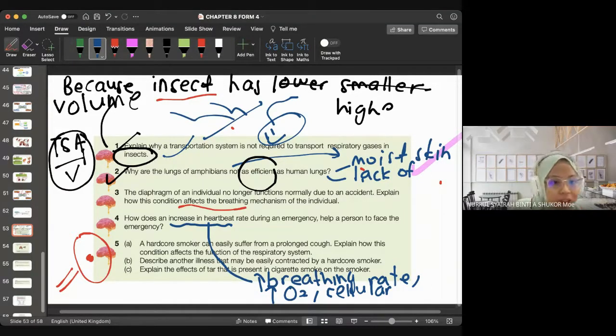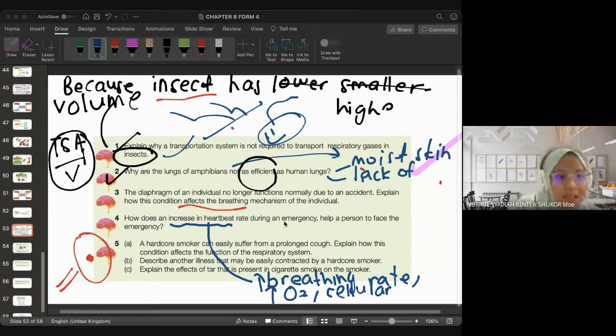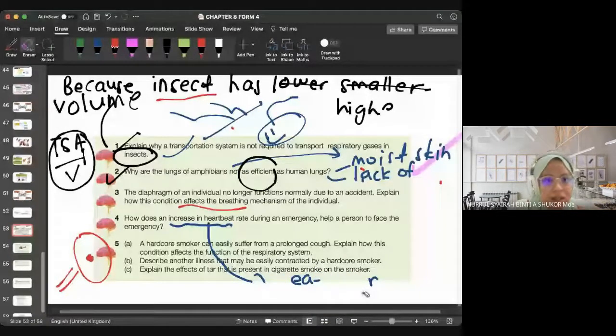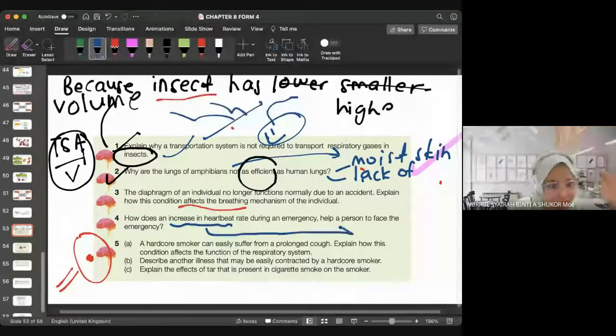Betul. Alright, it's very bijak. Alright, jawapan dekat sini. Okay, tambah. Okay. So, dia punya sequences macam Iman cerita tadi, if I can like just rearrange semua. Okay, how does increase in heartbeat? Right, macam Iman cakap tadi, increase in heartbeat, increase breathing rate.